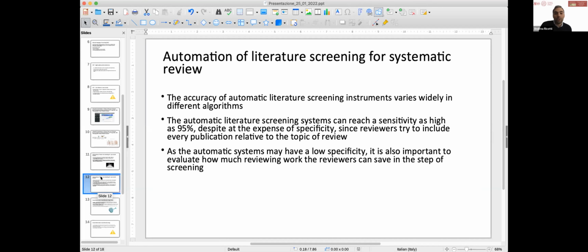It's also important to evaluate how much reviewing work the reviewers can save in the step of screening. So it's important to understand if this type of technique, which is good for extracting information and publications, is important enough to the reviewers, because they have to do work afterwards.